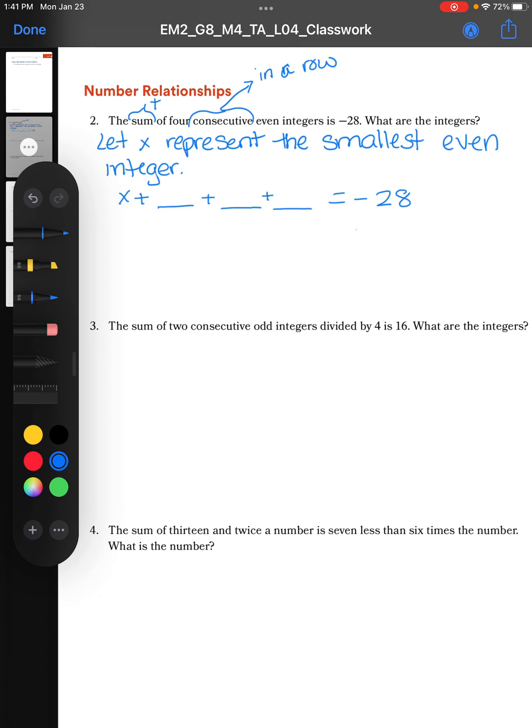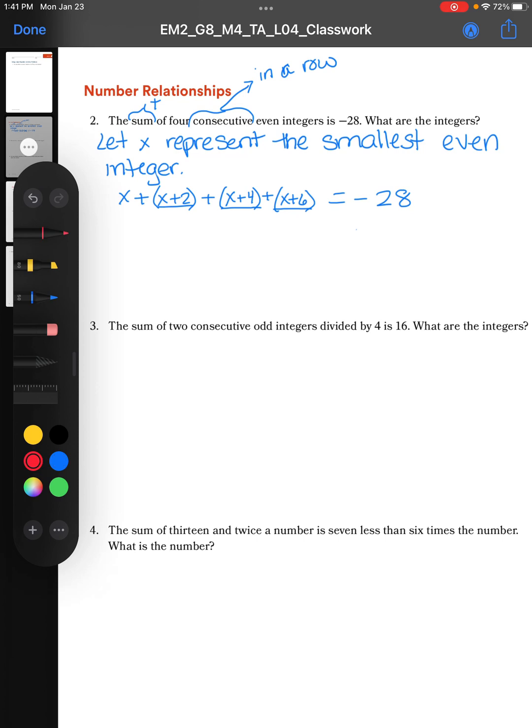So I'm going with even integers. So if my first even integer, let's pretend it's 10. My second one is 4. So that second one is x plus 2, right? Starting with x, if it's 10, 10 plus 2 is 12. So I have my first 2 even integers. My third would be x, if it's 10, which it's not, plus 4, and then x plus 6, right?